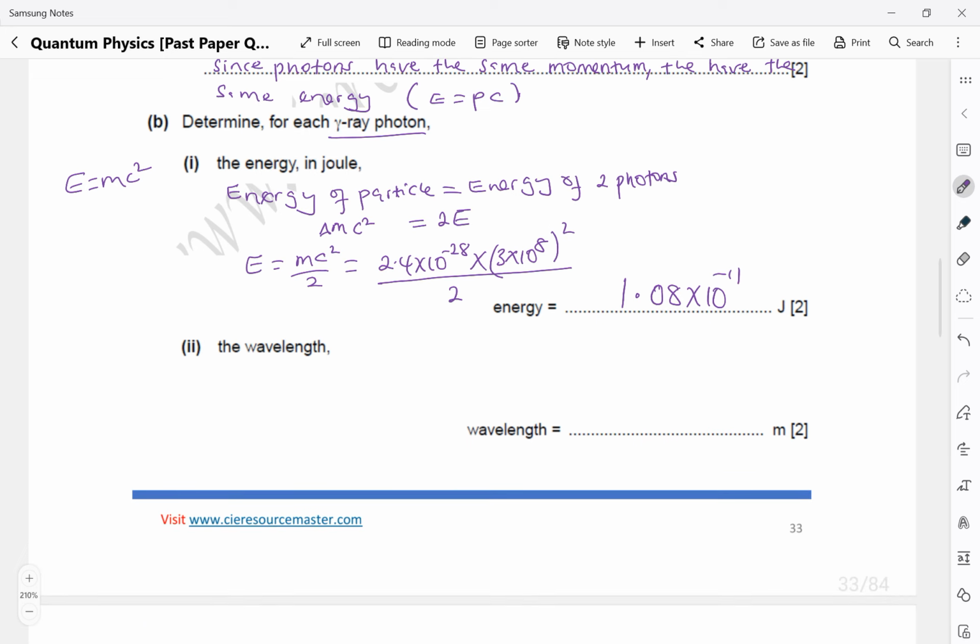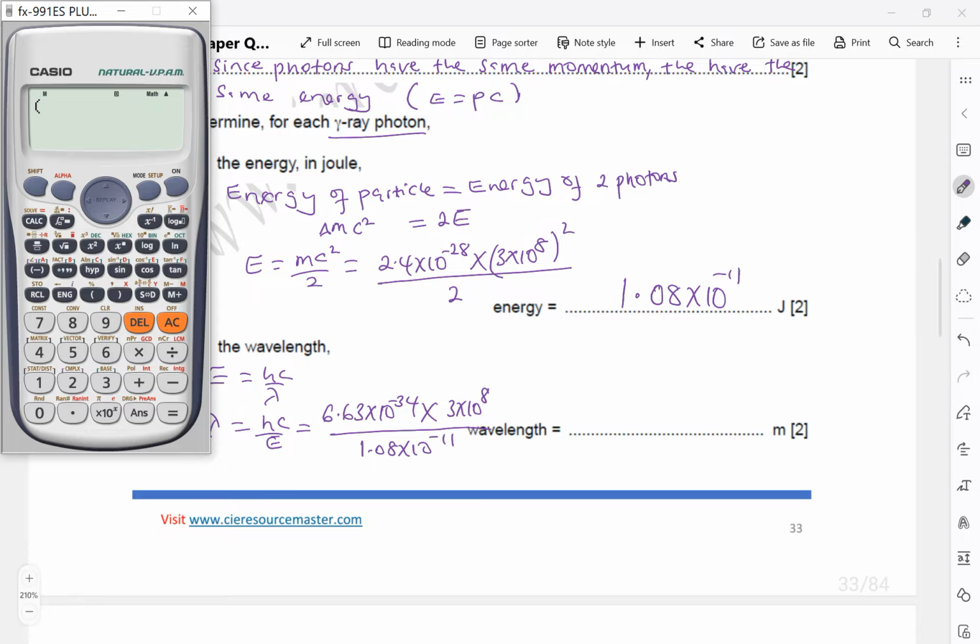Then the wavelength. We know that energy is equal to hc divided by lambda. So the wavelength is going to be equal to hc divided by the energy, which when we substitute, h is 6.63 times 10 to the power of minus 34, then times 3 times 10 to the power of 8, divided by the energy, which is 1.08 times 10 to the power of minus 11.